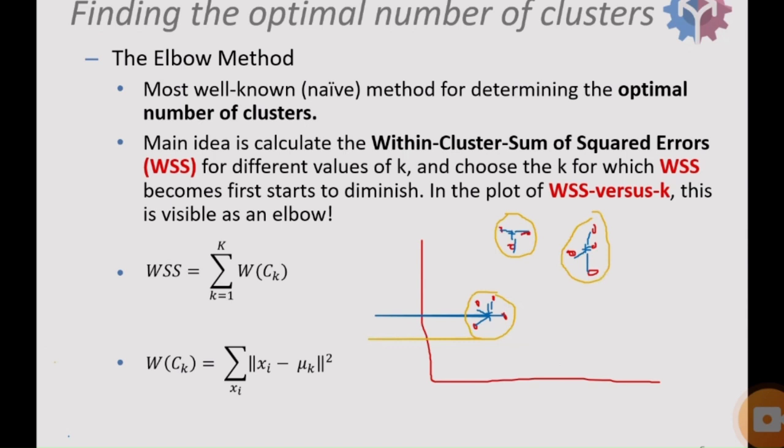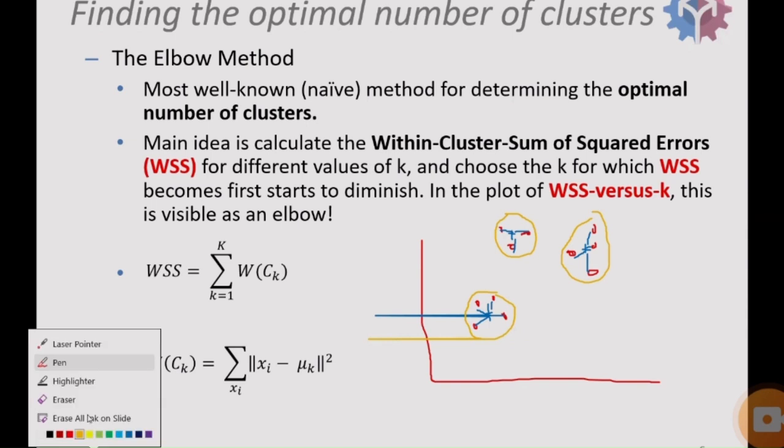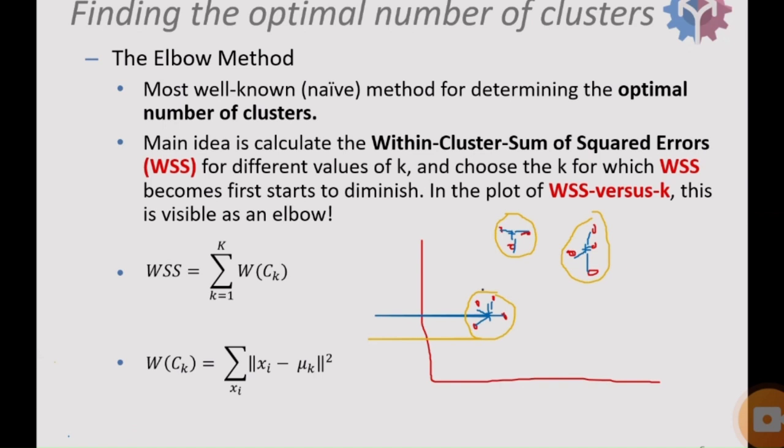Before that, when you were using 2 clusters, if you remember, this was 1 cluster and the second cluster was this big cluster. Now they separated. It's become 3. I'm trying to see whether 2 clusters or 3 clusters is better.